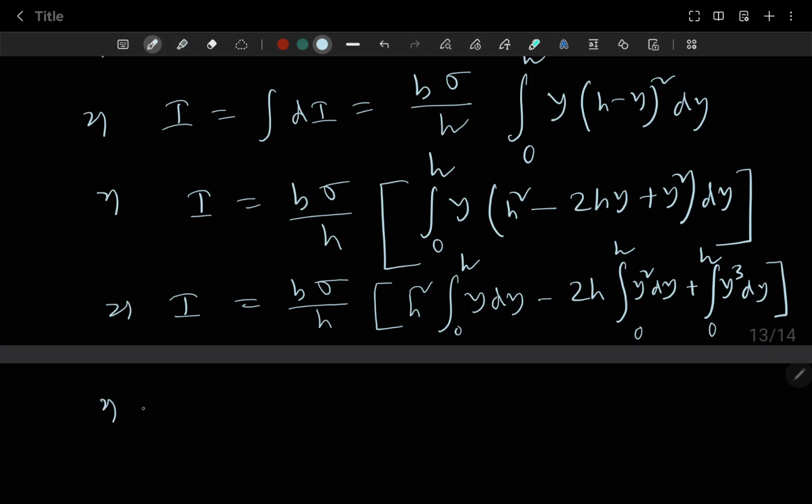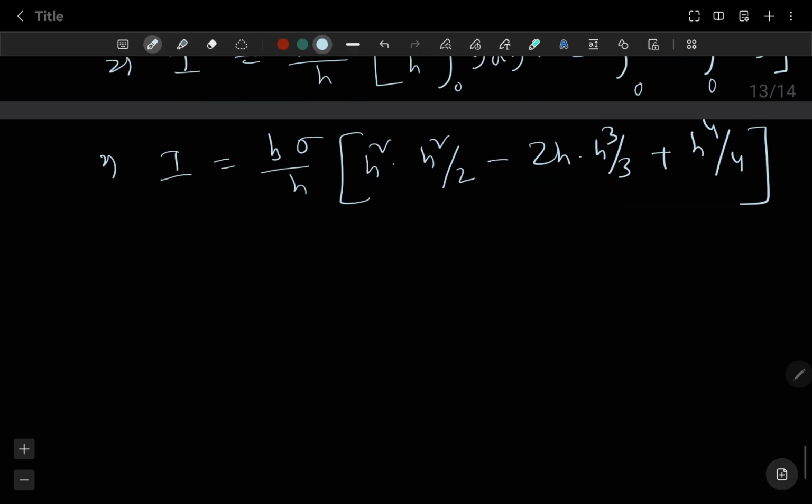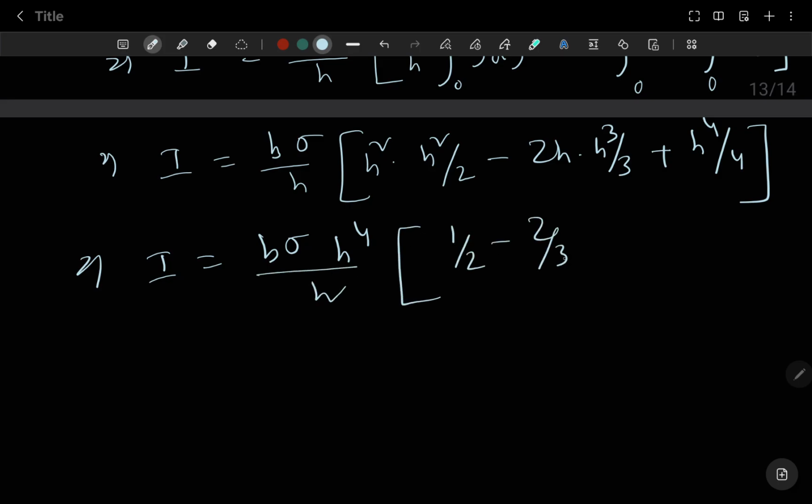So we get b sigma by h times h square into y square by 2, that is h square by 2 minus 0, I am ignoring the lower limit. Then minus 2h into y cube by 3, that is h cube by 3 minus 0, plus y to the 4 by 4, that is h to the 4 by 4. So I is b sigma h to the 4 by h times half minus 2 by 3 plus 1 by 4.